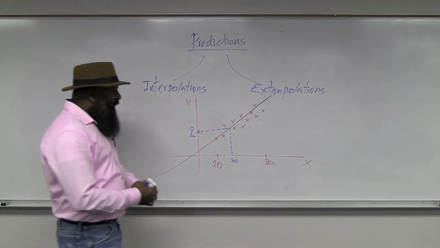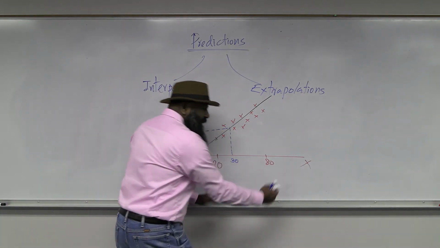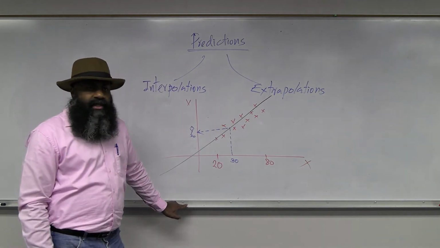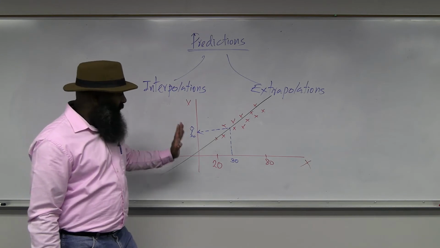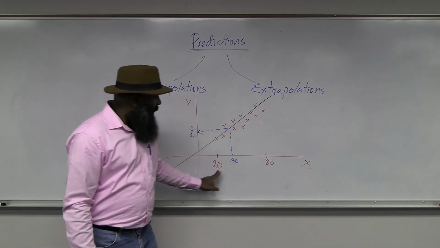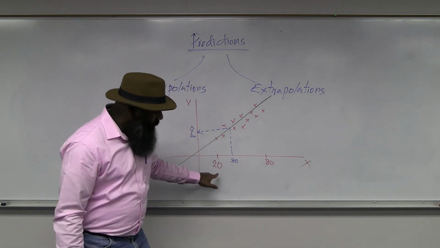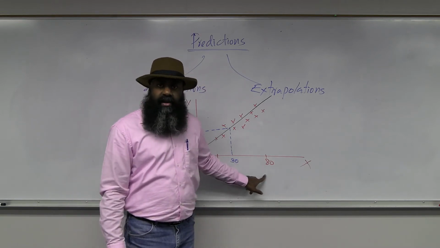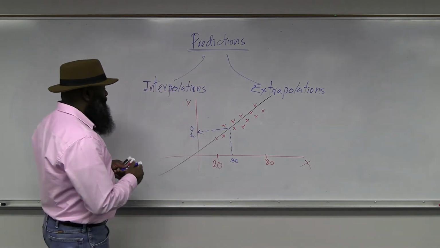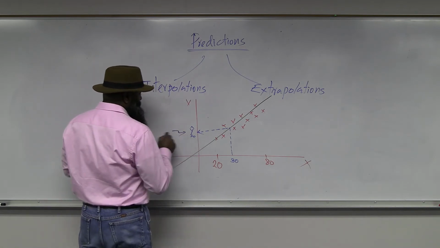Now that's within the collected x values. This is called an interpolation, because the x value is between the minimum x and the maximum x of the observed values. Okay? So this is called interpolation.